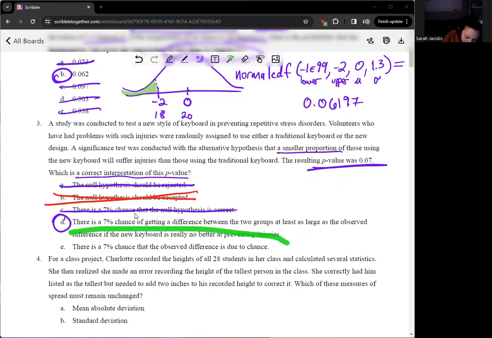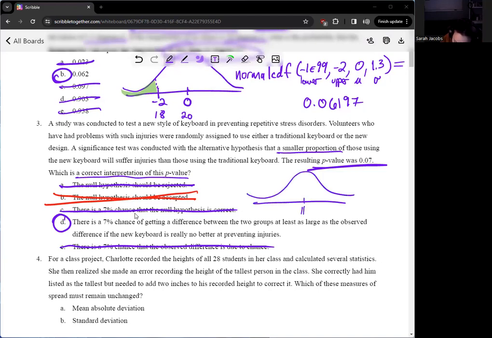And then here, there's a 7% chance that the observed difference is due to chance. Not chance. It's kind of more like due to sampling variability. It's still not nearly as good as D. So remember, the p-value is if this is your null, and this is the distribution, if the null is true, of all the possible sample values.